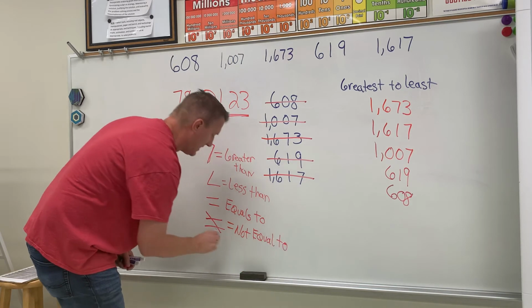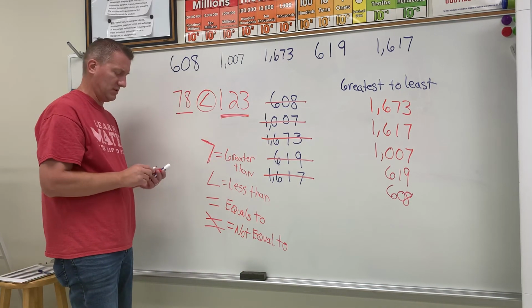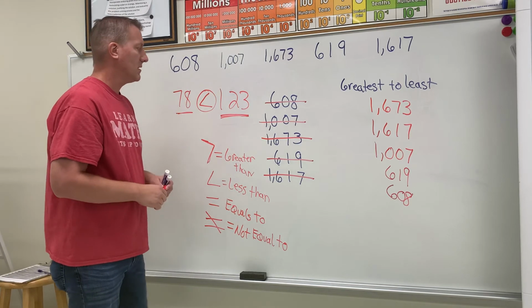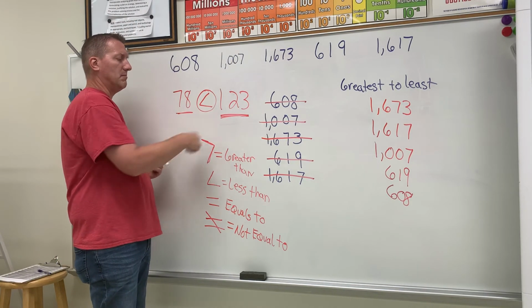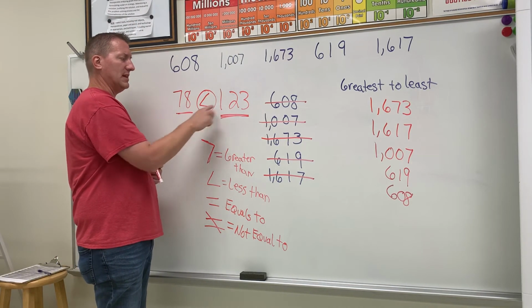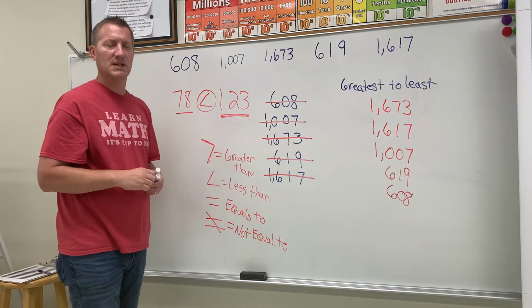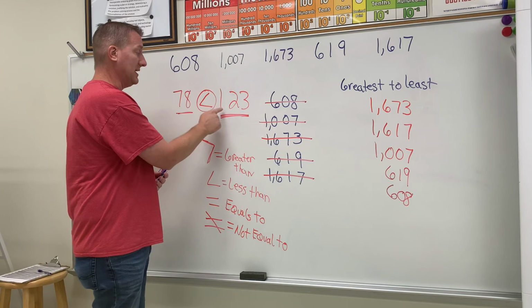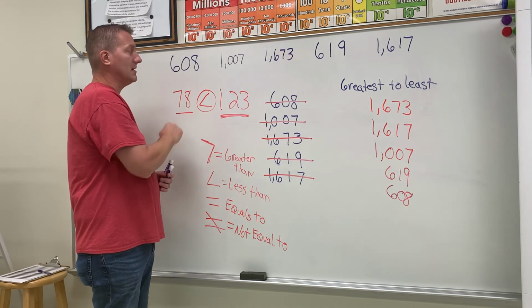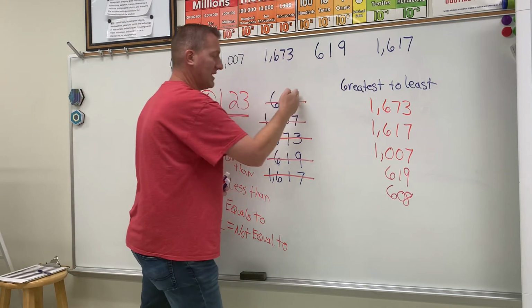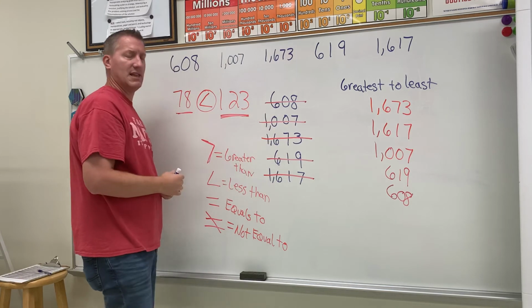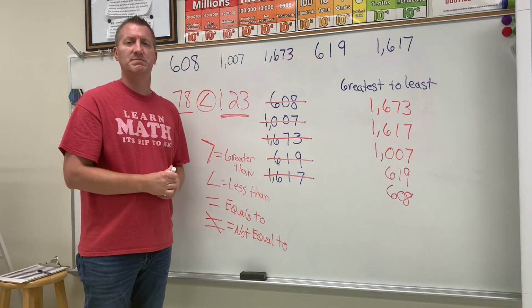So if you ever see that one, that's a not equal to sign. Okay. Most students do really well on these if it's just 2 numbers, because they can tell which number is greater by looking at the place values. Okay, but when you have 5 like this, you have to line up those place values.